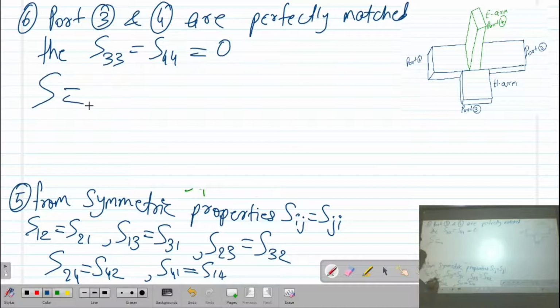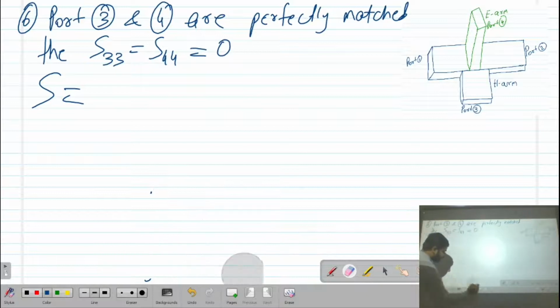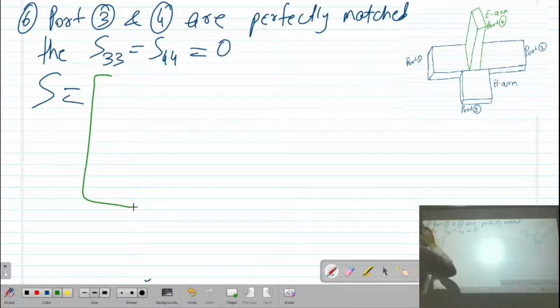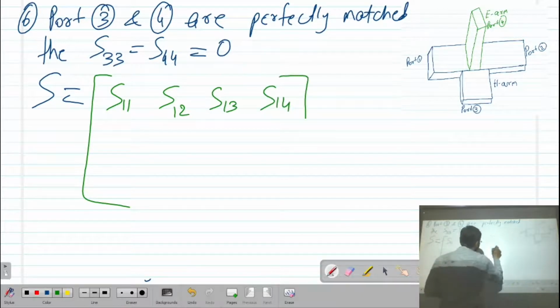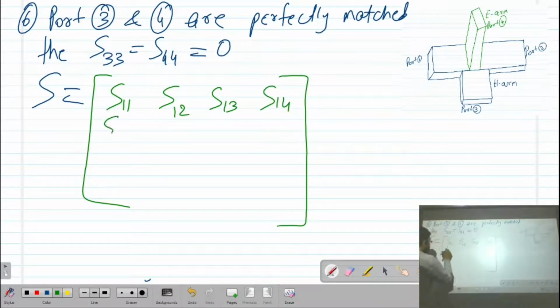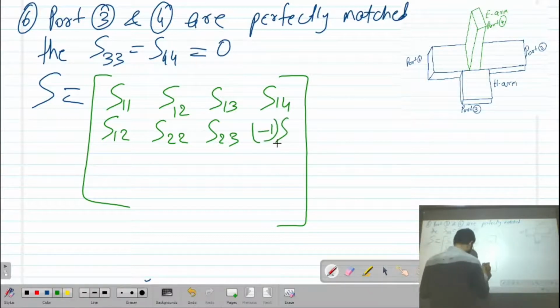Now let us prepare the matrix using all those relations. The matrix which we will get will be in the form of S11, S12, S1 of 3, S1 of 4, S1 of 2, S2 of 2, S2 of 3, minus 1 into S1 of 4.